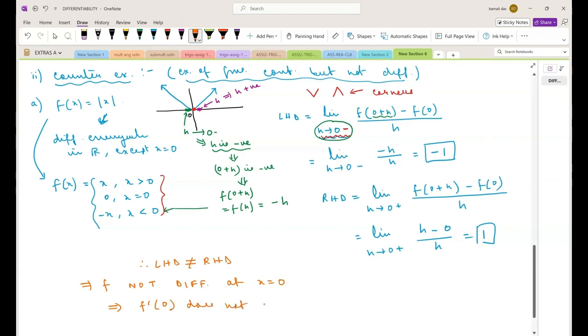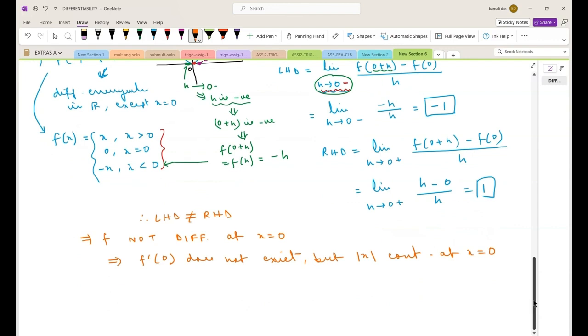Though it is continuous, mod x is continuous over the whole of R, and hence at x equal to 0 also. So this is one counterexample where the function is continuous everywhere and not differentiable at only one point, that is 0.